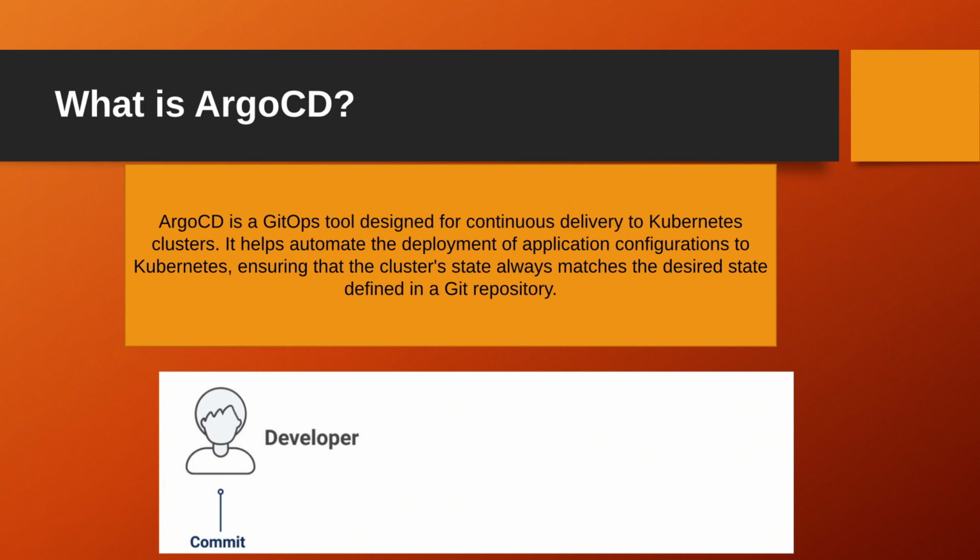You don't have to do any manual process. Previously with the Jenkins approach, we were running a command like kubectl apply, but now that is not required. ArgoCD is configured with your project and it will deploy those changes onto the Kubernetes cluster directly. You need not do anything manually over here.